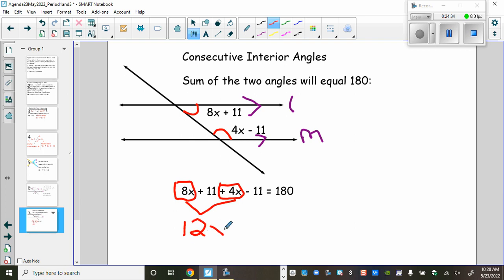They add up to 12x on the same side. Now, minus 11 plus 11: what's positive 11 and negative 11? What's really going to happen to those two terms? What's that going to sum up to be? 0. Be aware of that, people, ladies, gentlemen.